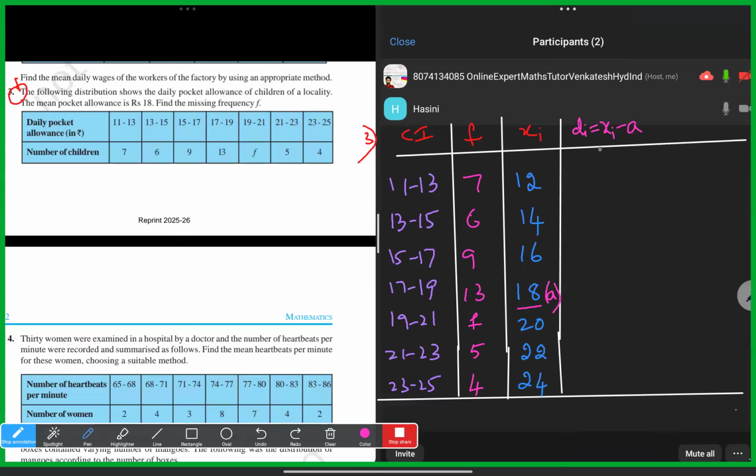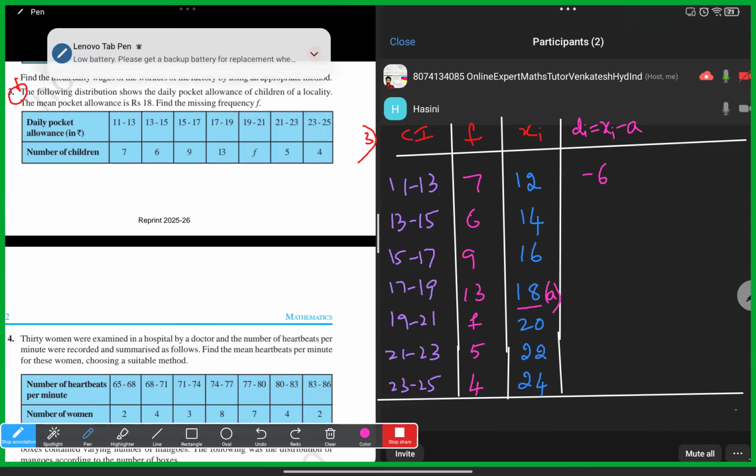Can you tell the values quickly? Every value we have to write xi minus a. 12 minus 18, so minus 6.